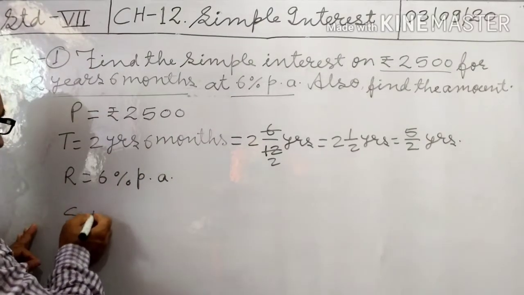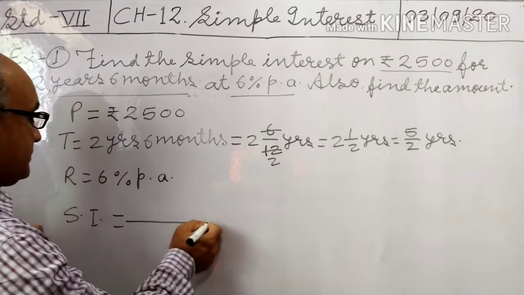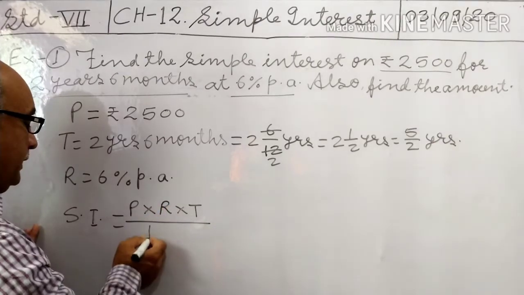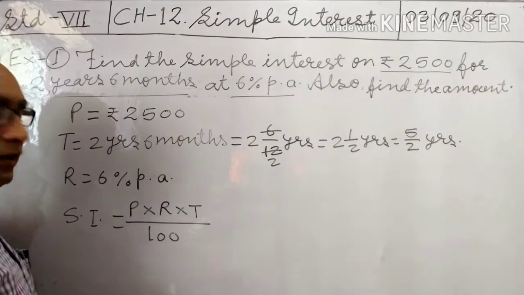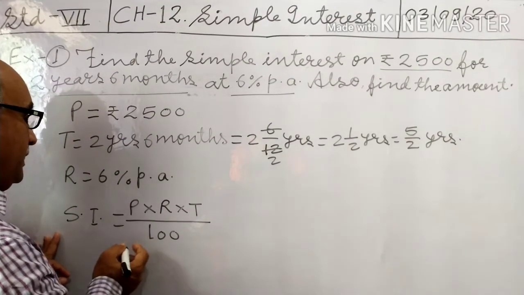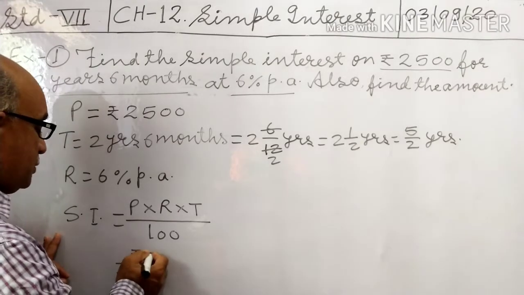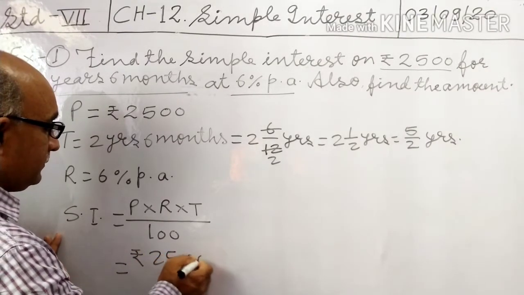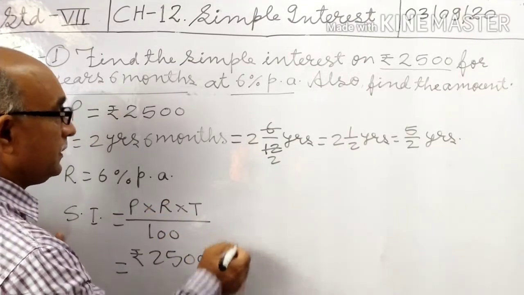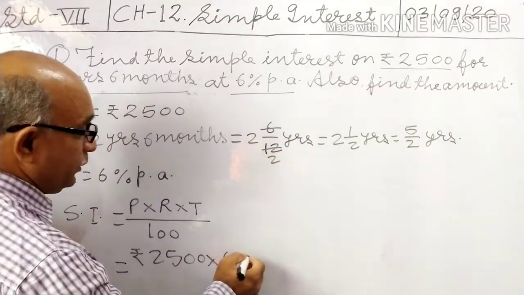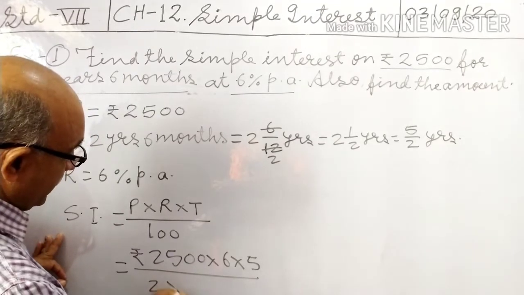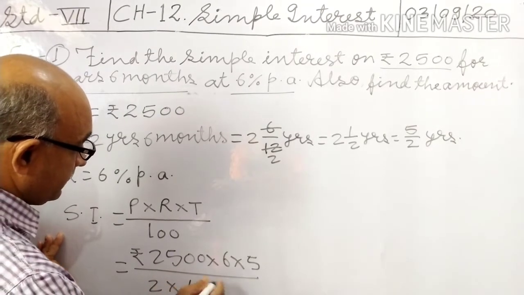SI equal to formula number 1, P into R into T by 100. P is rupees 2,500 into R 6 into T 5 by 2, 5 numerator and 2 denominator, into 100.